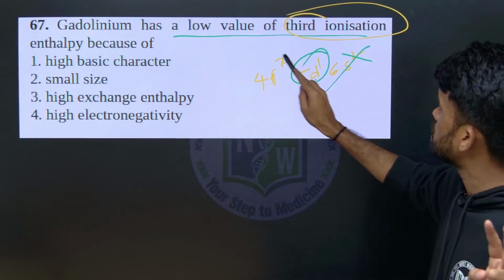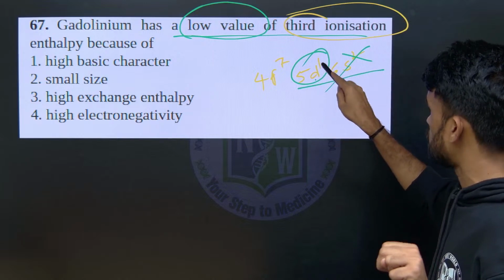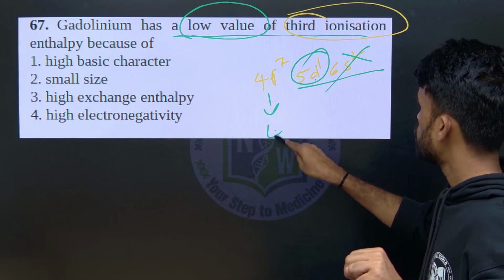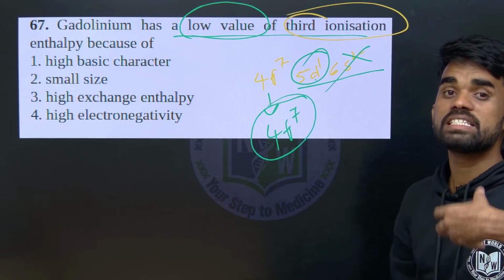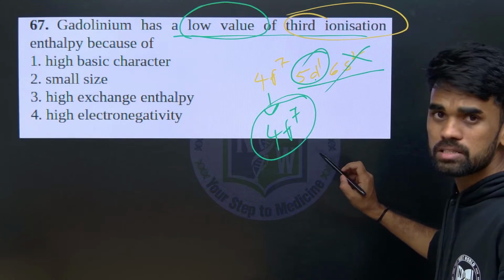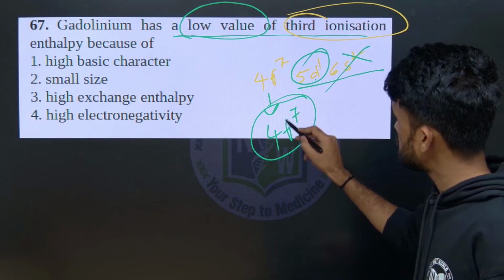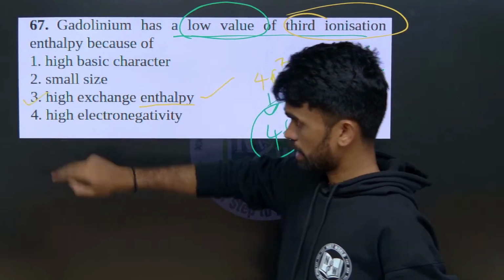That ionization energy is low, they are saying. Why is it low? If we remove the third electron, we will have 4f7 half filled f orbital, which is stabilized by exchange energy. Whenever we have half filled and full filled orbitals, that will be more stable, and this is stabilized by high exchange enthalpy, which is the correct option here.